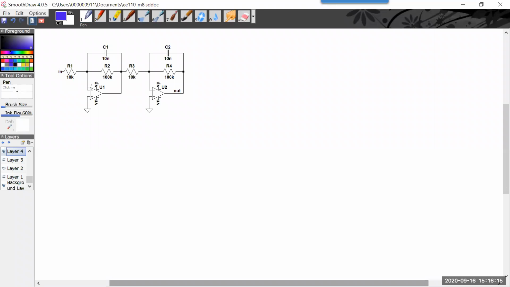All right, so we have two stages here, right? Just looking at it, this is an inverting stage, and this is an inverting stage. All right, and this circuit here really becomes what I'm trying to draw right now.